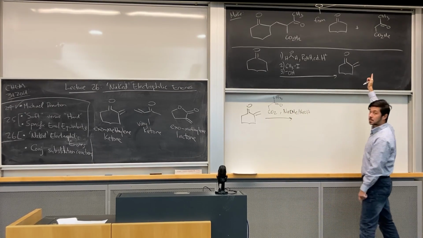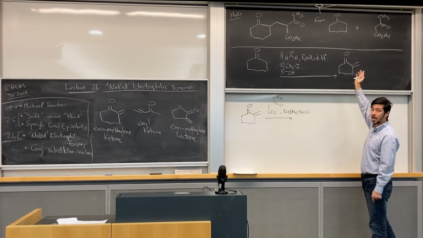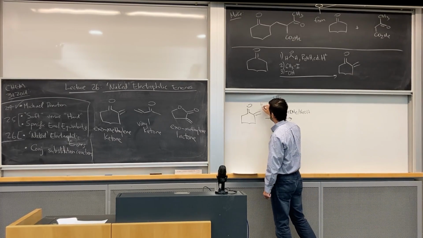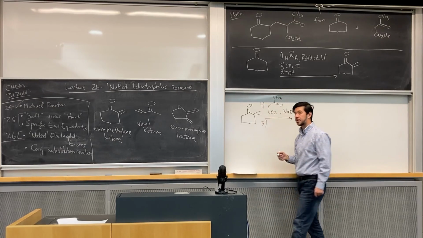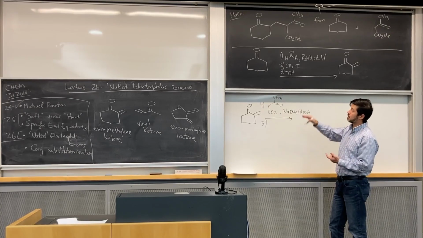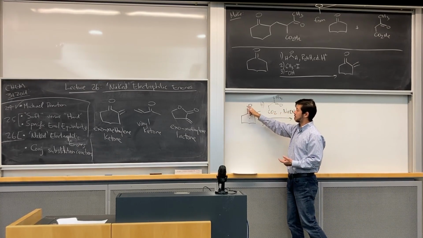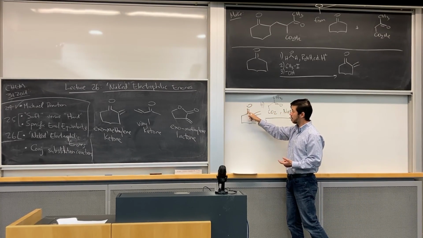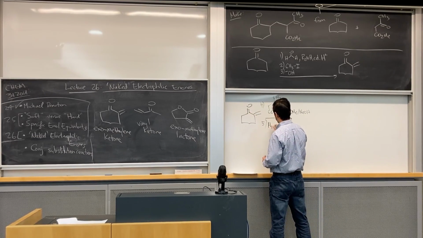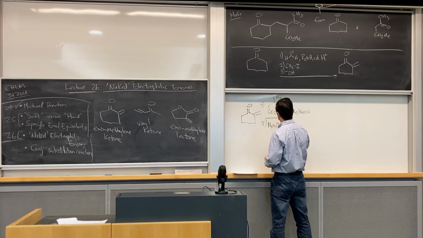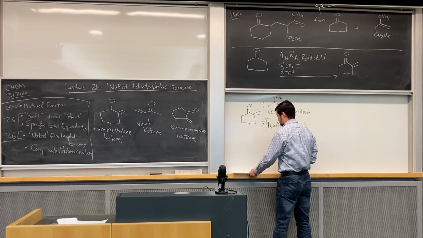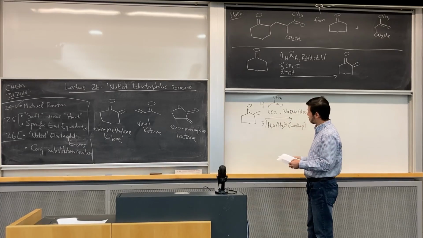That would form the enolate, and the enolate will come and react and do 1,4 conjugate addition. And then the last step is simply a workup step to protonate that enolate, and then we bring the double bond back, and then you'll pick up a proton. So the last step is simply a workup, as I'm showing you here.